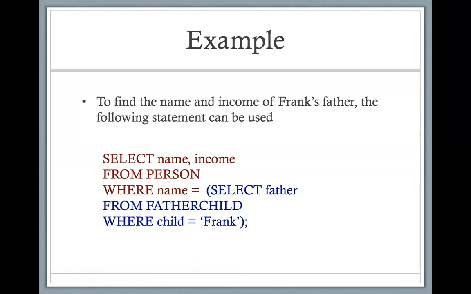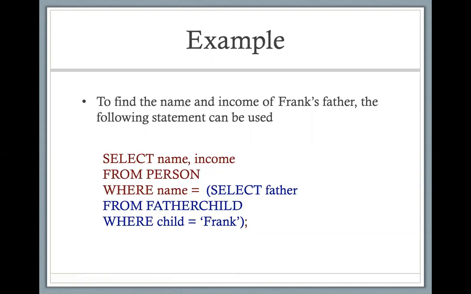I select Steve and his income, and then check: is name equal to the result of select father from father child where child is equal to Frank? So I execute this query, and it gives me the father of Frank, which is Steve. So it will be as if I'm saying select name and income from person where name is equal to Steve, and that selects the correct record in the table person.